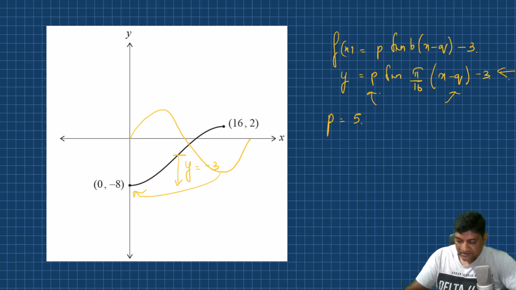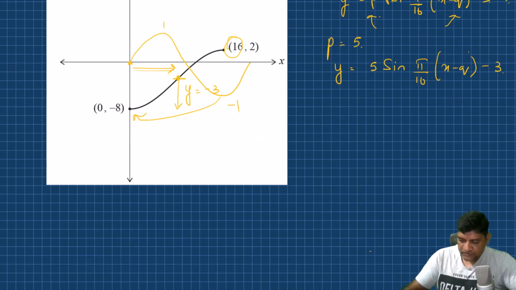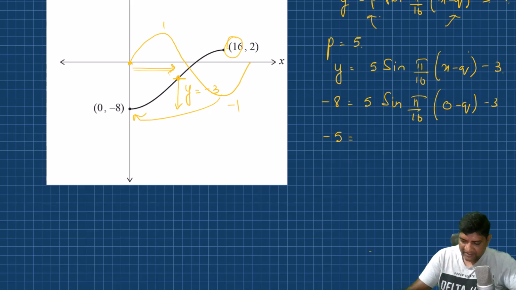So now I know that y is equal to 5 times, find the value for q, so I'm going to say minus 8 is equal to 5 times sine of pi by 16, open parenthesis, 0 minus q, minus 3. So that's minus 3 transposed to the left hand side. It's going to be a minus 5 here, and then 5 times sine of minus q pi by 16, and sine of negative theta is going to be minus sine theta.